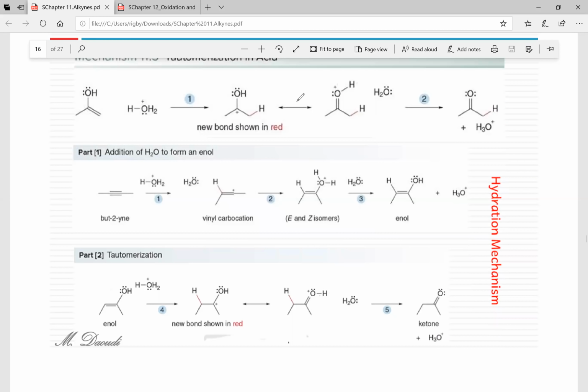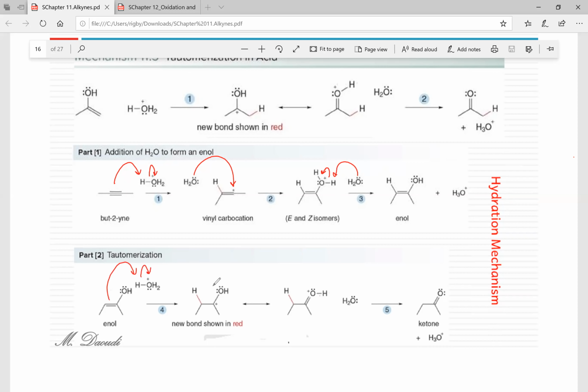Addition of H2O to form an enol. Essentially, the hydration using an acid followed by tautomerization. Okay, so we can see here, grabbed by the pi bond, this bond breaks. We end up with a carbocation, which is grabbed by the H2O. The H bond is grabbed by the H2O from before. In this case, we are assuming that we're just in like a glass of water or something, but just H2O is grabbing onto that other H, that bond breaks, we end up with an enol, and then the enol is going to react with an acid.